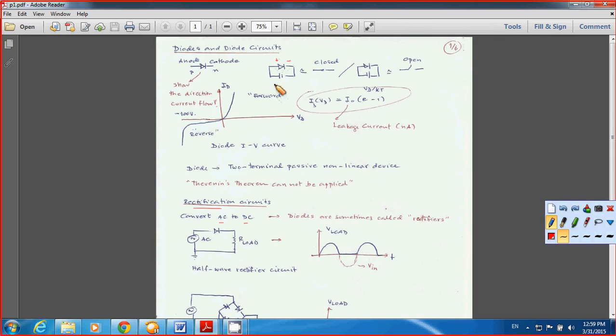This is what we call forward bias. And if the voltage across the diode is 0.7 or greater, the diode starts to conduct, and it becomes just like a closed switch or closed circuit. When I say 0.7 volt, that is usually for a silicon diode. This can be different, depending on the semiconductor material that you use to make a diode.